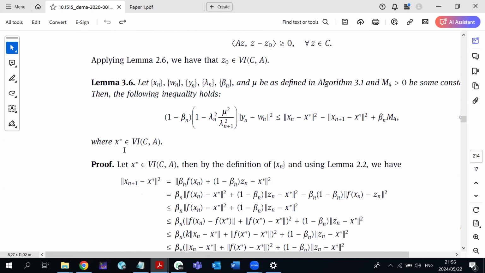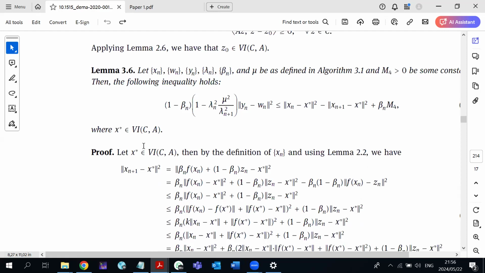Here they use S star, and S star is in the solution set. So we should show that it weakly converges. After this, we solve the strong convergence.